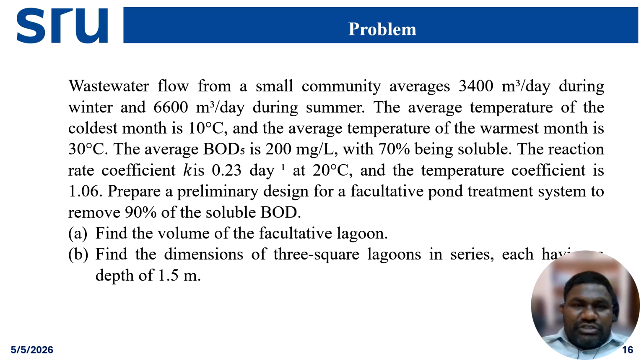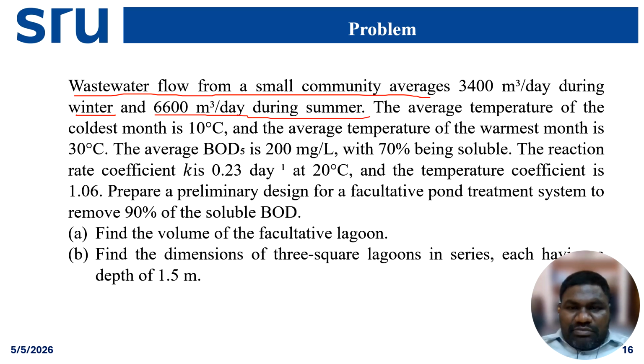Here is one design problem. This is a very important problem. The wastewater flow from a small community averages 3,400 meter cube per day in winter, and 6,600 meter cube per day during the summer.